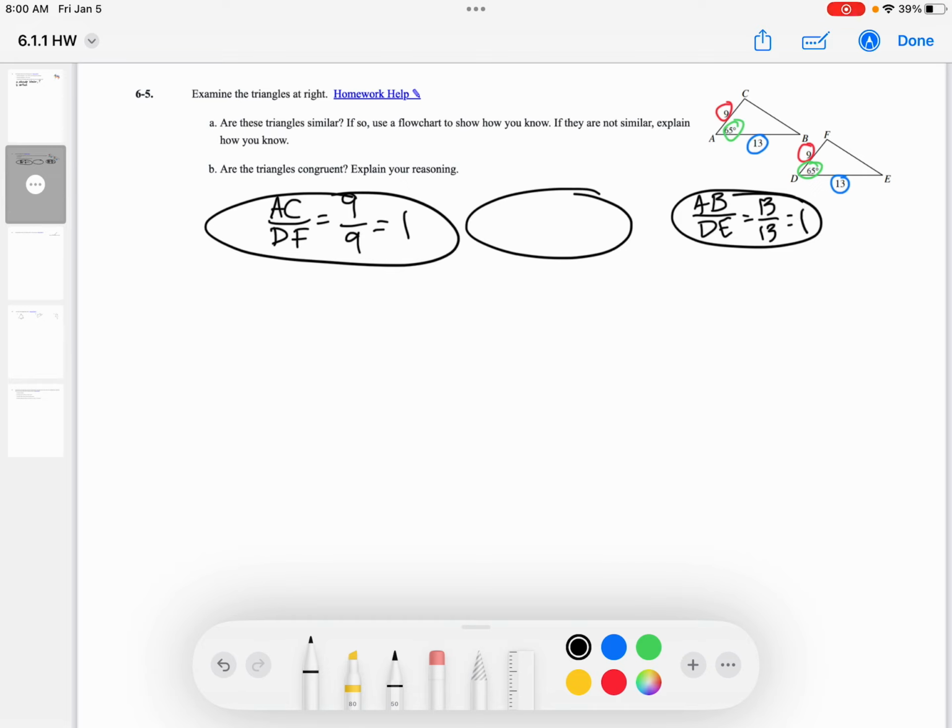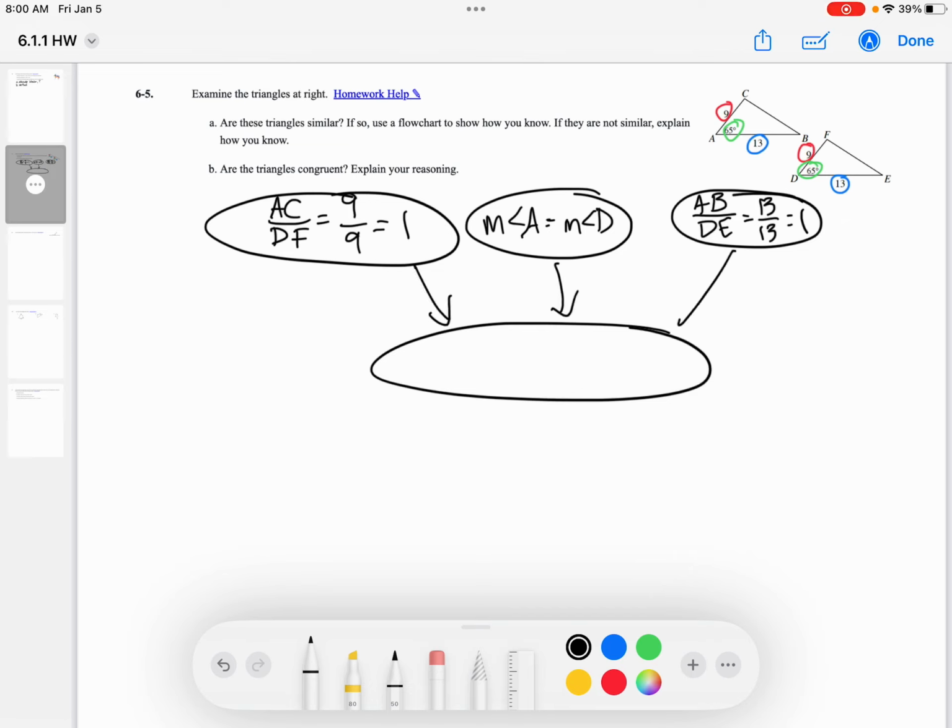And then here we can say the measure of angle A is equal to the measure of angle D. And we can make our conclusion. Remember, we add our arrows. We're going to use side-angle-side similarity. And we can say triangle ABC is similar to, remember we don't put equals, it's similar to triangle DEF. So there's our flowchart.